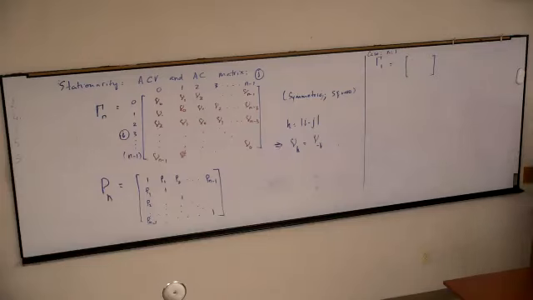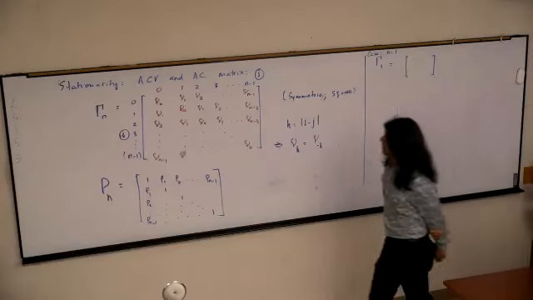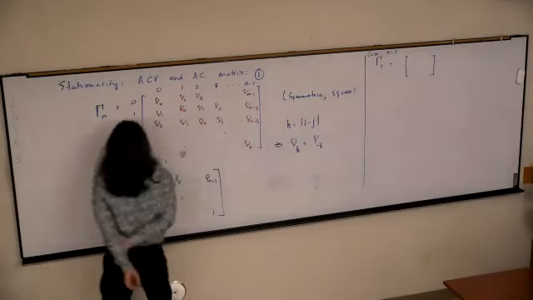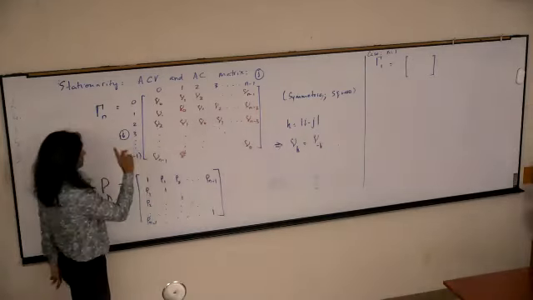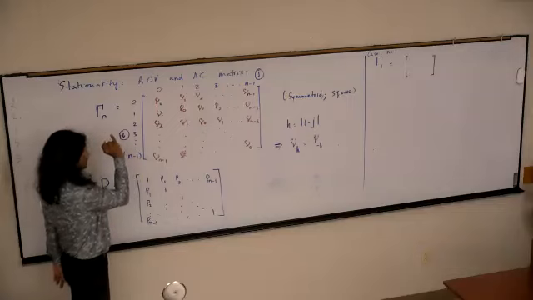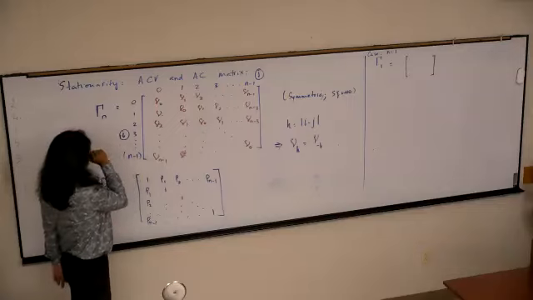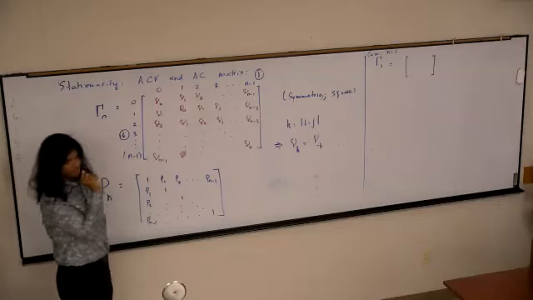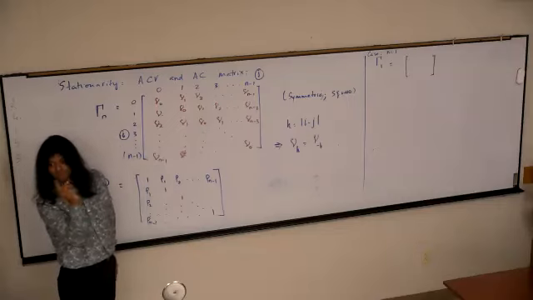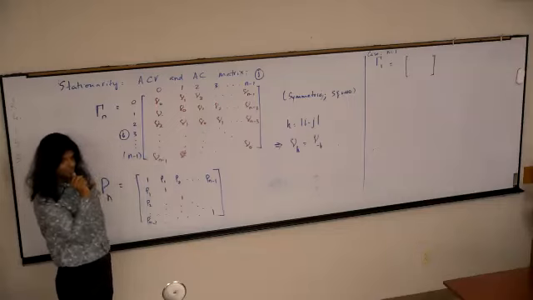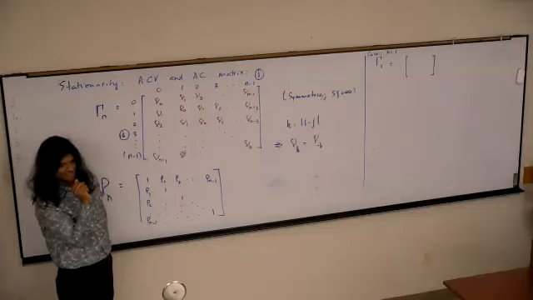You need a 2 by 2 matrix because you're going from 0 all the way up to n minus 1.